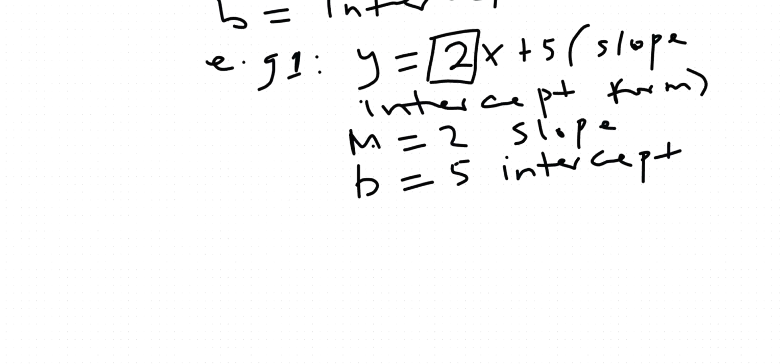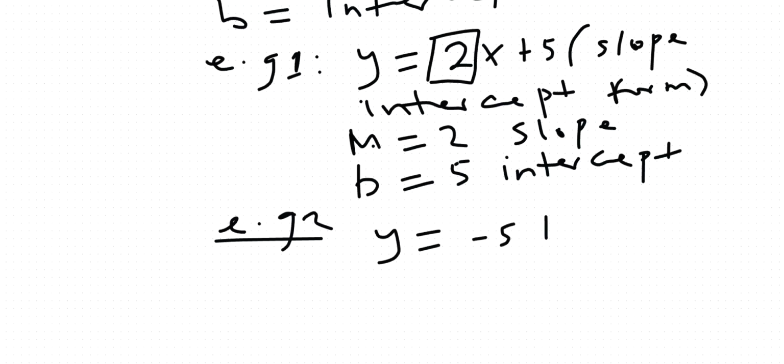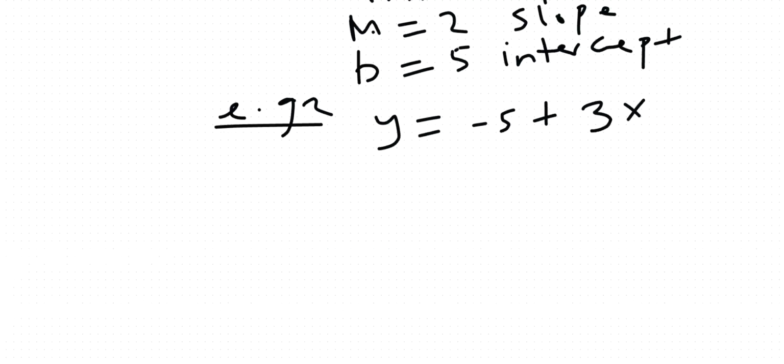If I have y equals negative 5 plus 3x. Our slope here, you will see it doesn't matter where it is arranged.